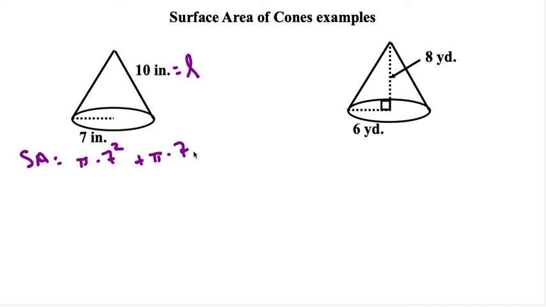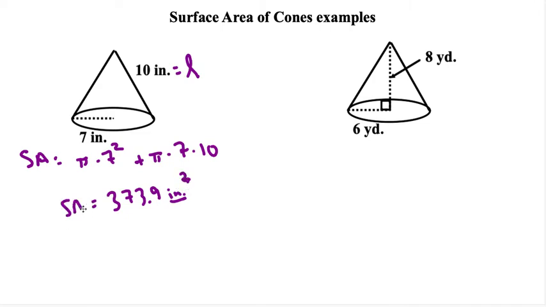R being the radius, L being the slant height. So what do we get? In the end, we get 373.9 inches squared, because it is the surface area.